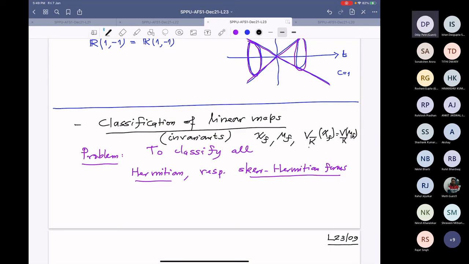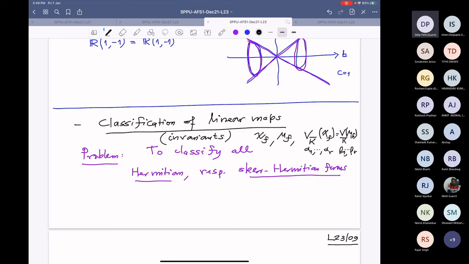If you remember the notation, it is alpha 1 to alpha r, and beta 1 to beta r. These are all invariants. Invariant means if I change this linear operator to a similar one, these don't change.